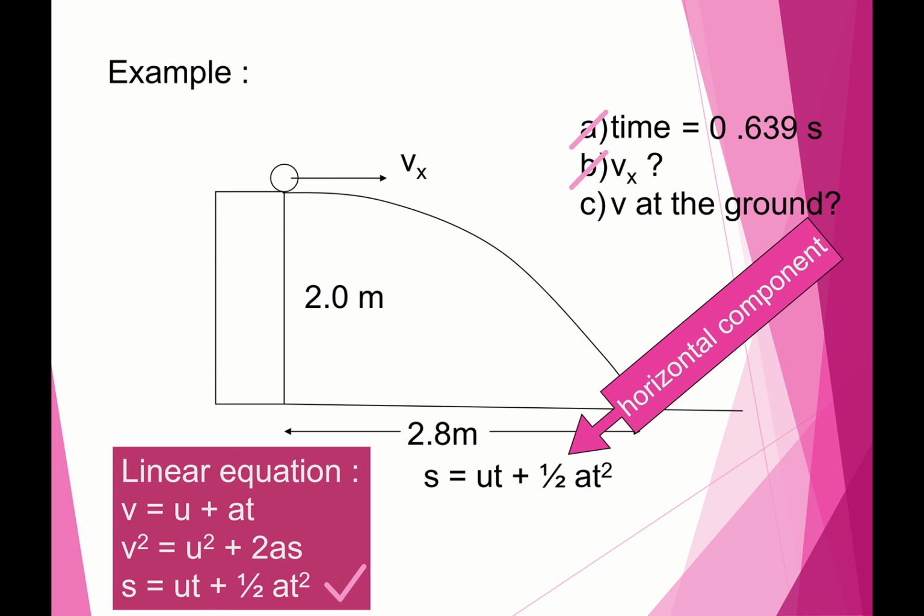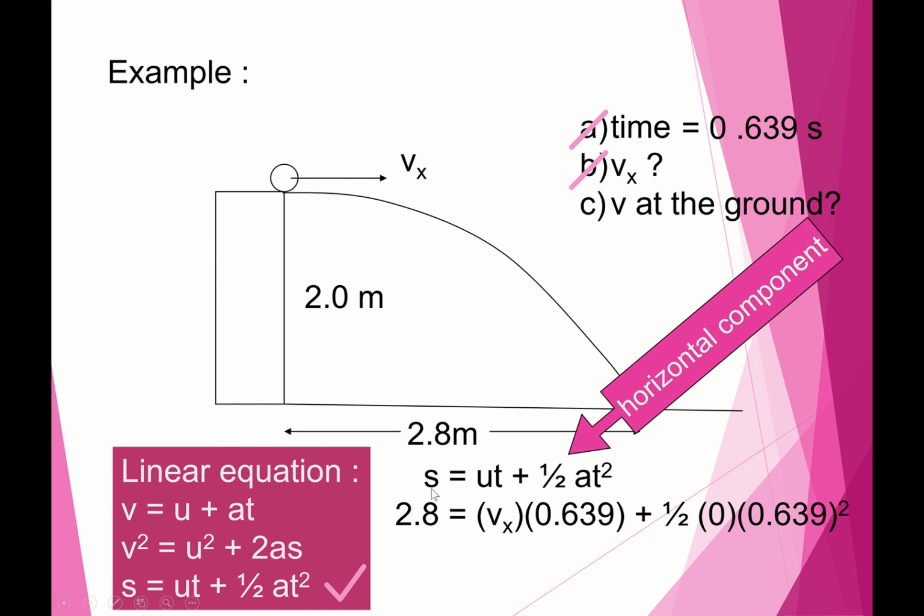For the horizontal component, u is equal to Vx, s is 2.8, and a is 0. The time taken we have calculated in question A, so we can determine Vx. At any point along the projectile, the horizontal component of velocity, Vx, is the same.